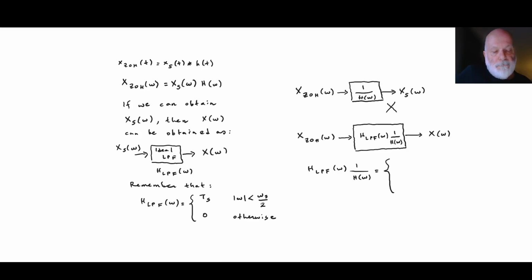So it will be Ts multiplied by 1 over H of omega. So it is omega Ts over 2 divided by, there is also a Ts as the multiplier, sine of omega Ts over 2.